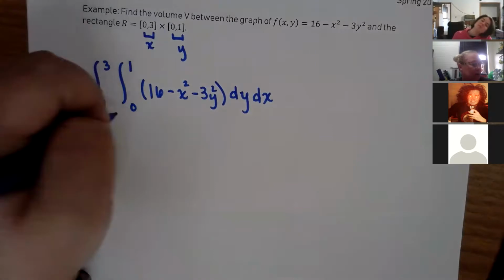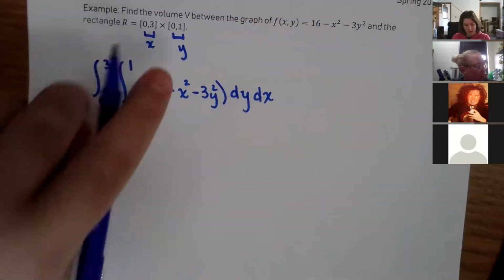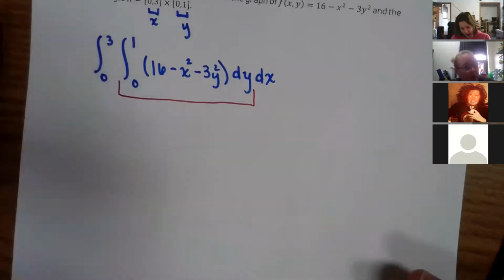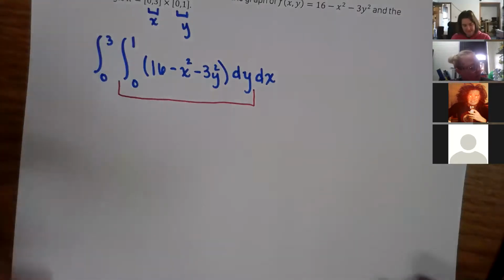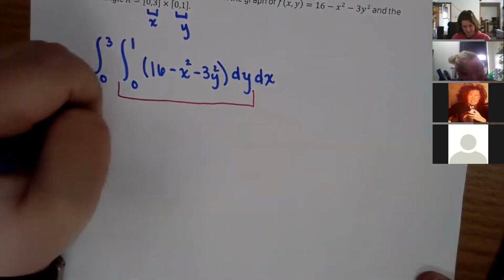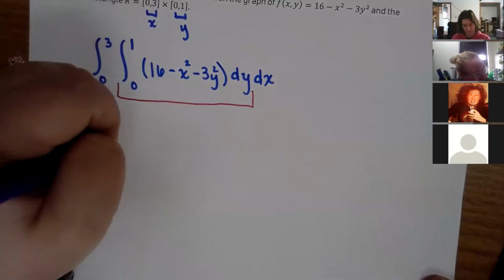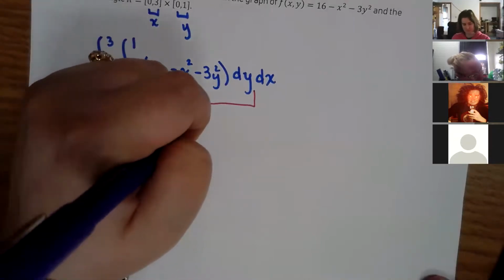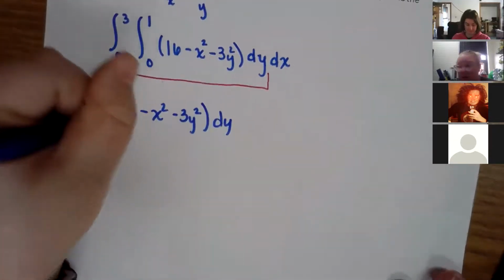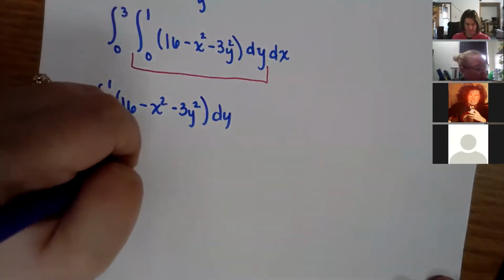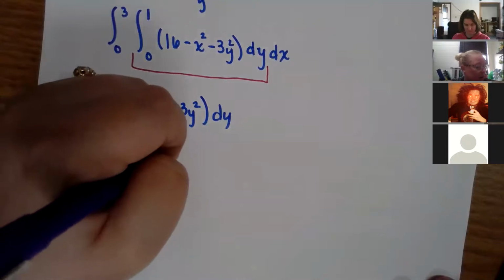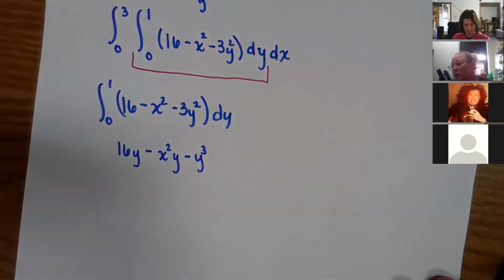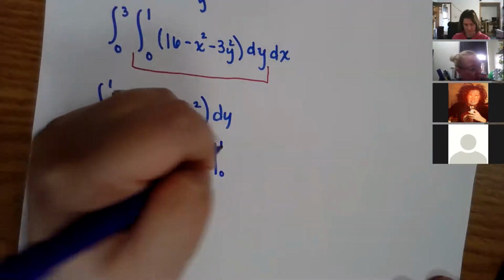So if I just calculate this inside part, from here on, that's going to make this 16y minus x squared y minus y cubed evaluated from 0 to 1.